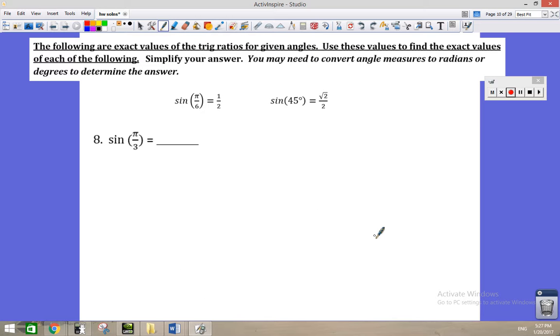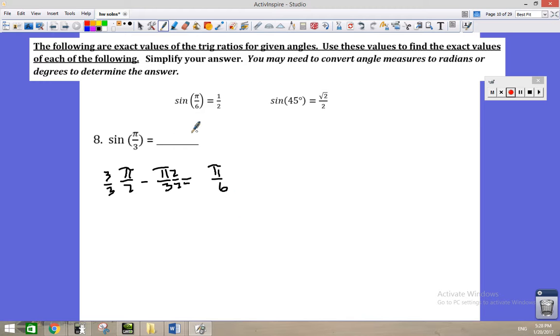Now I can use the identity that we did in the last section, and the idea here is that we are using identities. I know that sine and cosine are cofunctions, and I know that pi over 3 and pi over 6 are complementary, because pi over 2 minus pi over 3 is pi over 6. If you get a common denominator, then 3 pi minus 2 pi is 1 pi.